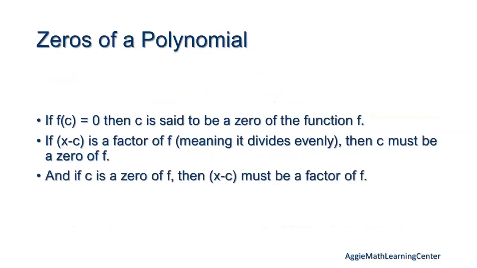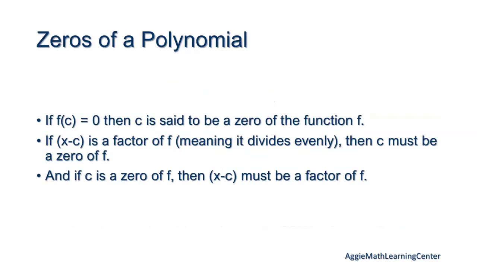Zeros of a polynomial. So if f of c, and c is just any number, any constant, if f of c equals 0, then c is said to be a 0 of the function. If x minus c is a factor of f, meaning it divides evenly, then c must be a 0 of f.